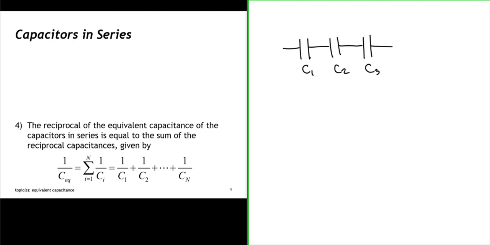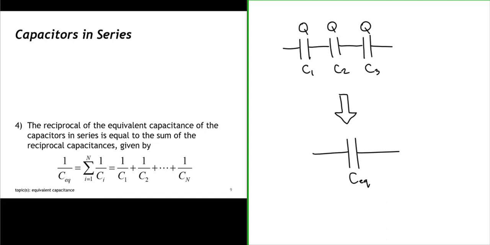C1 is the capacitance for capacitor 1, C2 is the capacitance for capacitor 2, and C3 is the capacitance for capacitor 3. And since they are in series, we know each of them has the same magnitude of charge. We also know that these three capacitors can be replaced by a single equivalent capacitor.